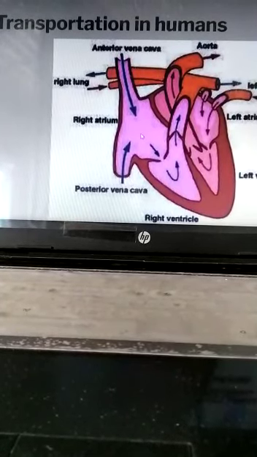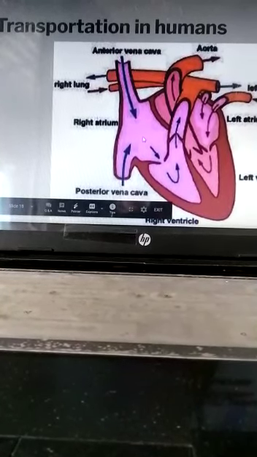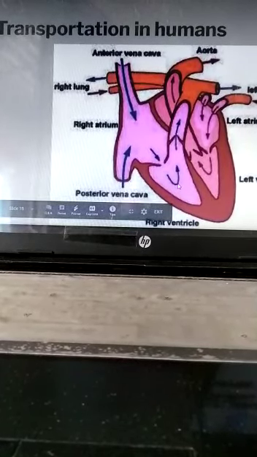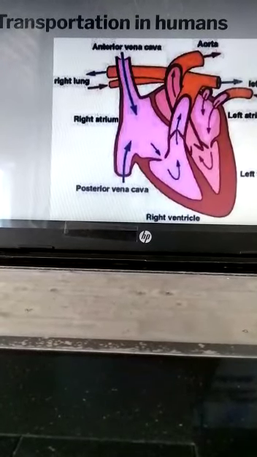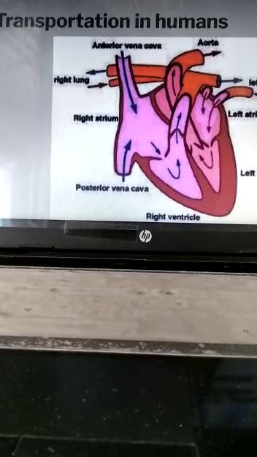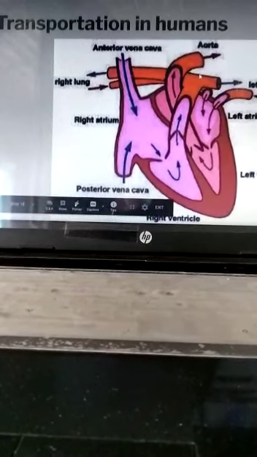When the right atrium contracts, the blood passes to the right ventricle. And when the right ventricle contracts, the deoxygenated blood is pumped into the lungs through the pulmonary artery.